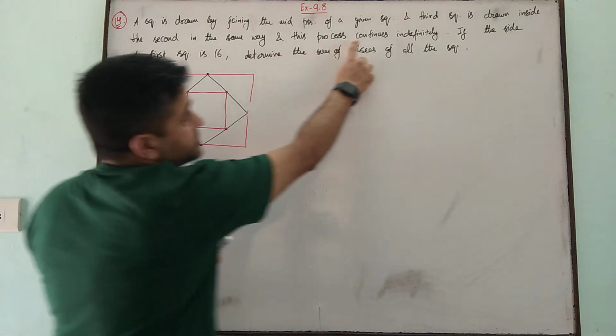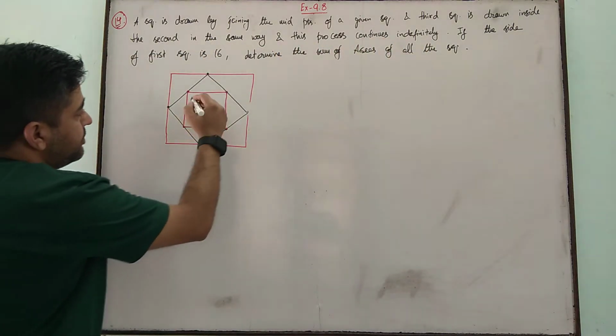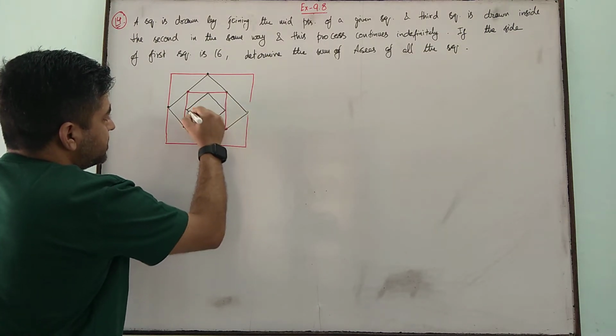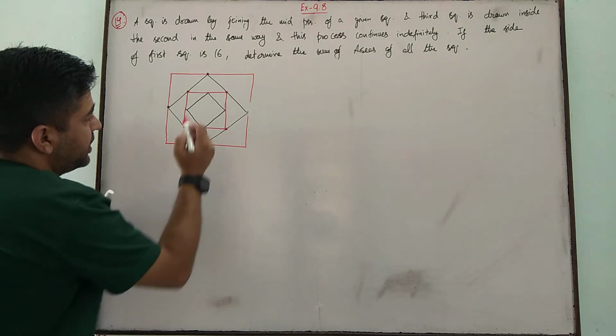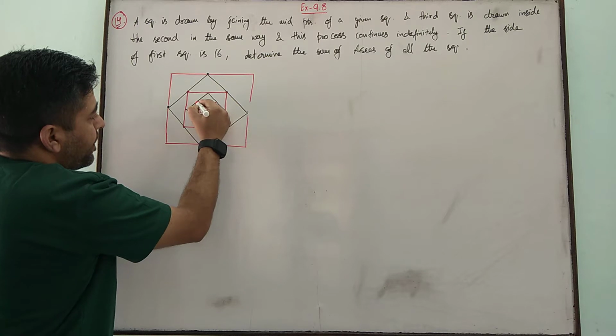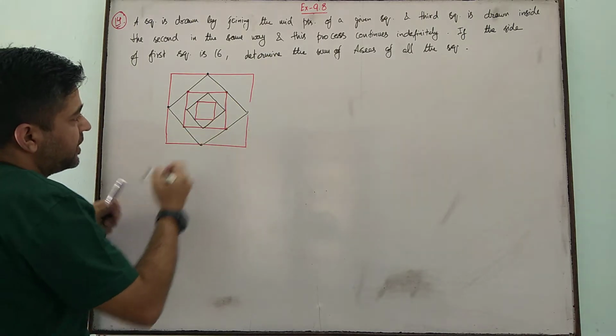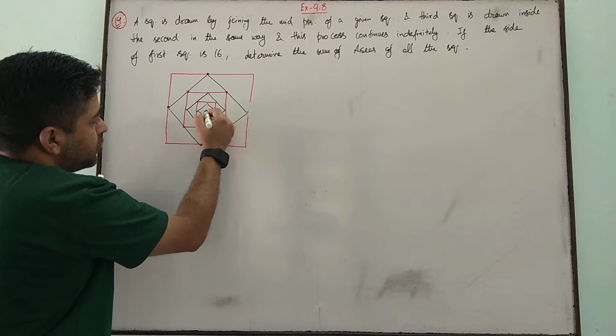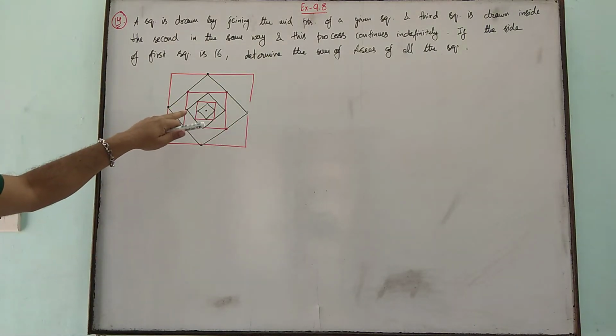And this process continues indefinitely, means midpoint of that and join, and you will get another square, and then again the midpoints and the square, and so on up to indefinitely.